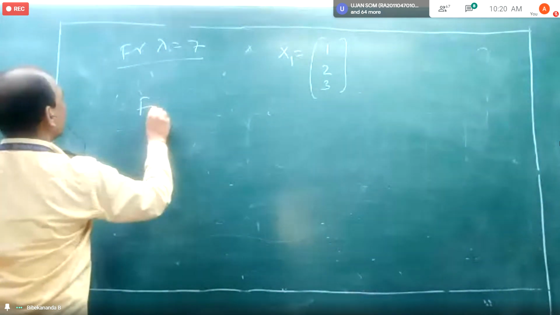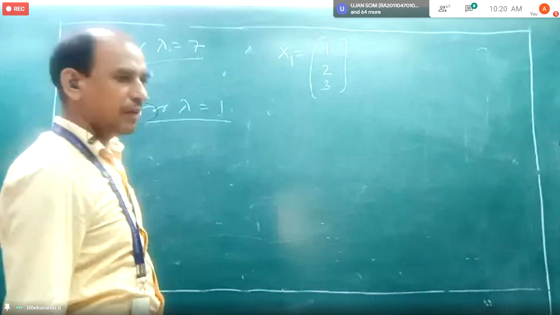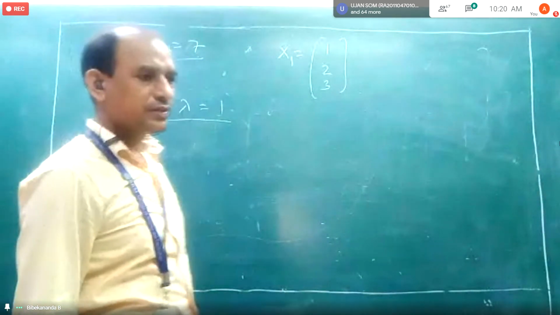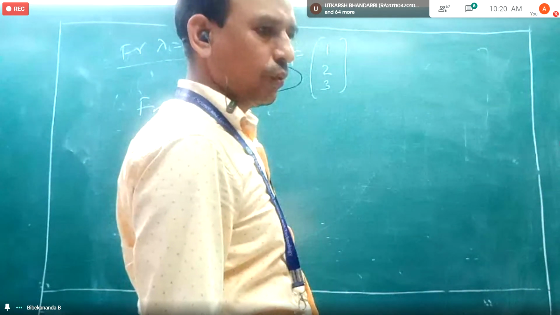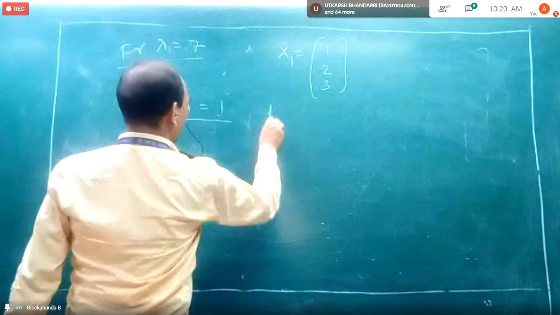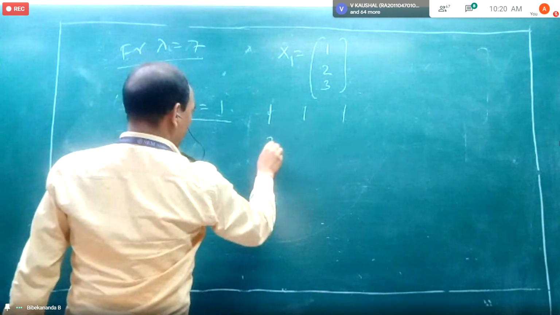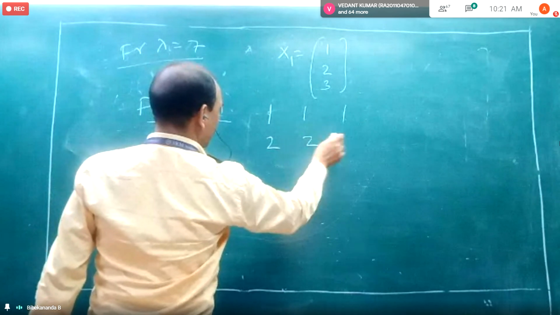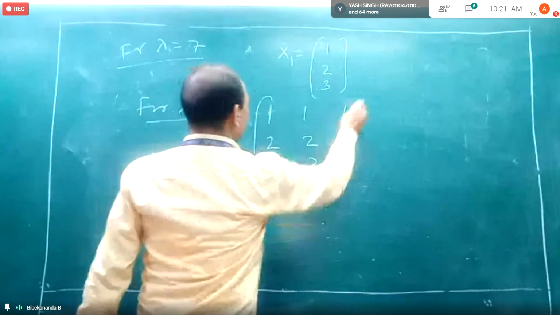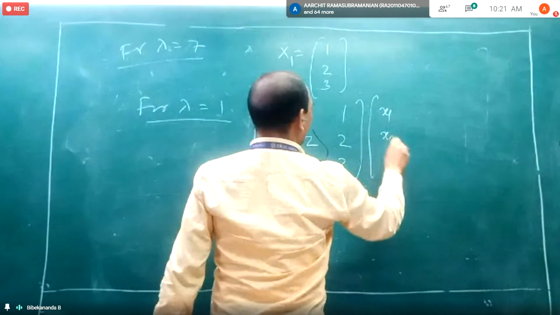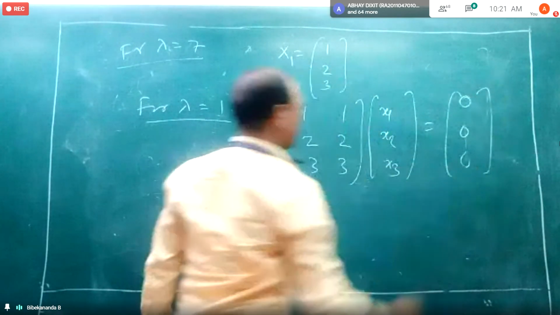So for lambda equal to 1, what will be the system of equations you see? 1, 1, 1; 2, 2, 2; 3, 3, 3, into x1, x2, x3 is equal to 0, 0, 0.